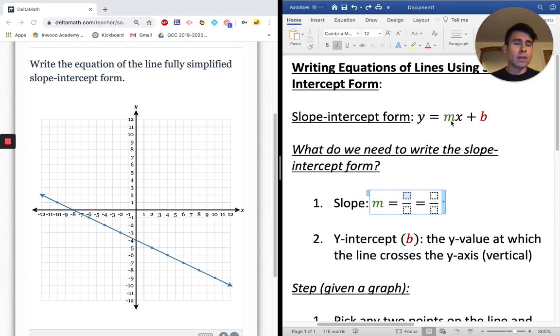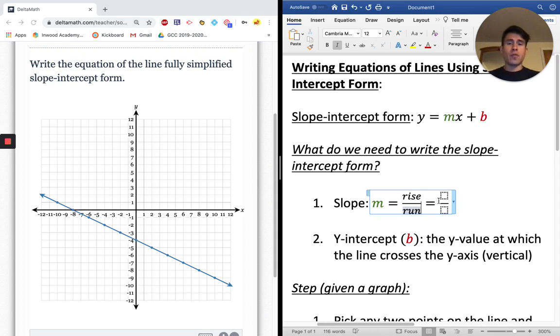As you notice, two letters are highlighted. M is highlighted green and b is highlighted red. The m is one of our two important pieces of information that we need to write the slope-intercept form of the equation of a line. If we think back into that memory storage that we have, slope stands for the rise over the run between any 2 points on the line.